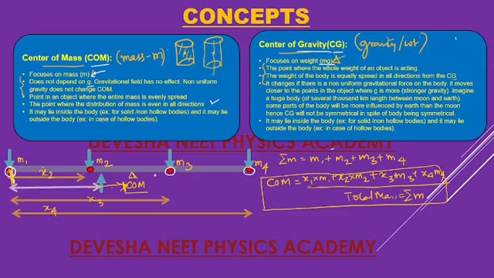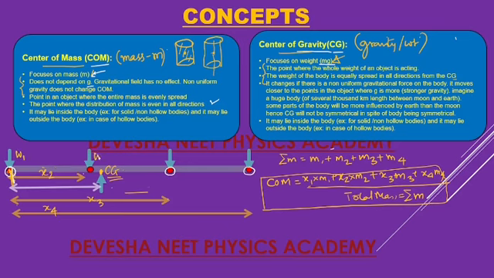Now what about the center of gravity? How do you compute that? So now imagine that this is the CG point. So what will be CG? In case of CG, as we discussed, we talk about the weight.